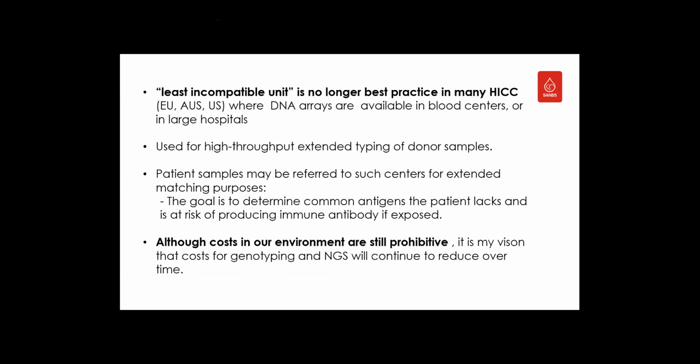In countries like in Europe, Australia, and the US, DNA arrays are available in most bigger blood centers or larger hospitals. And especially if you have a high throughput system, you can do the extended phenotyping or genotyping of your donor samples. An added benefit would be if you can do the same for patient samples, so you match truly at a genomic level.